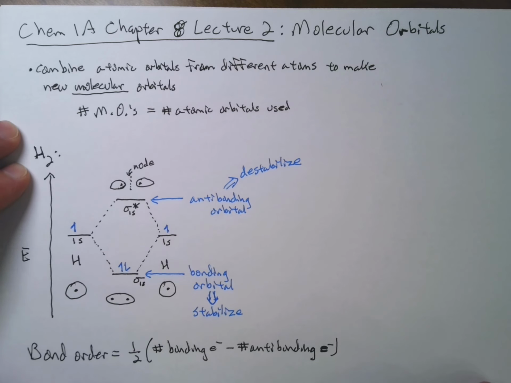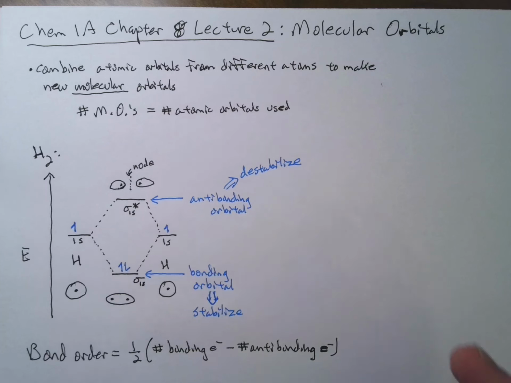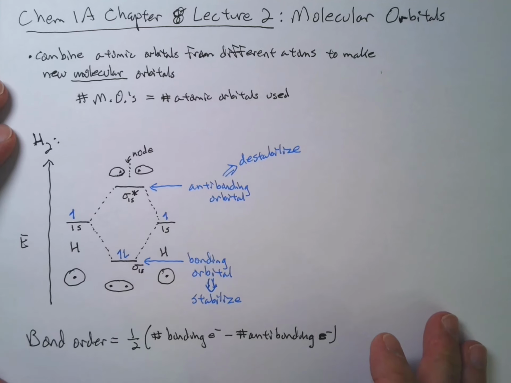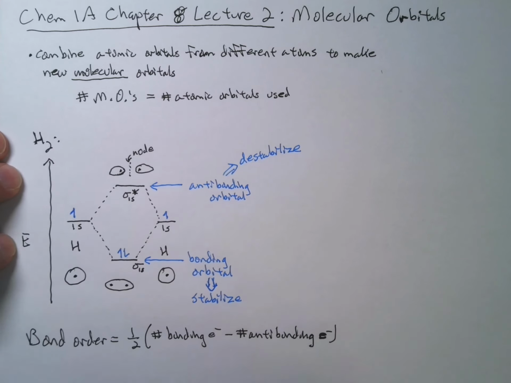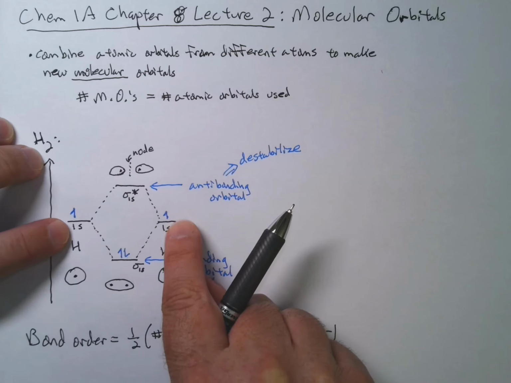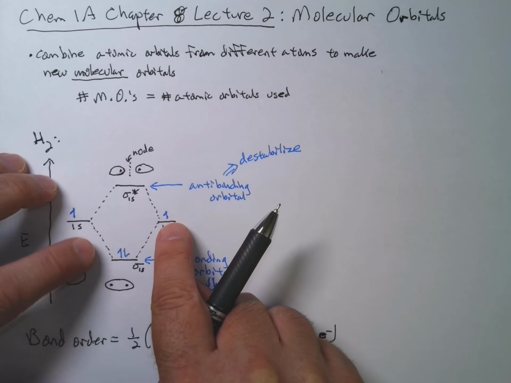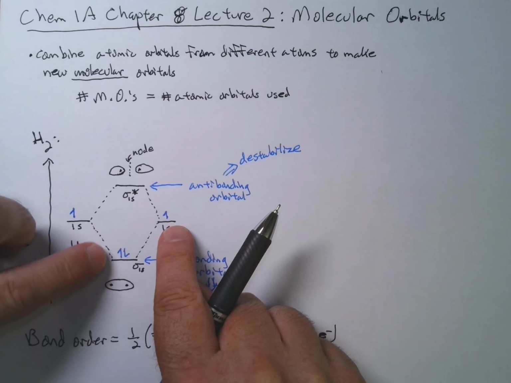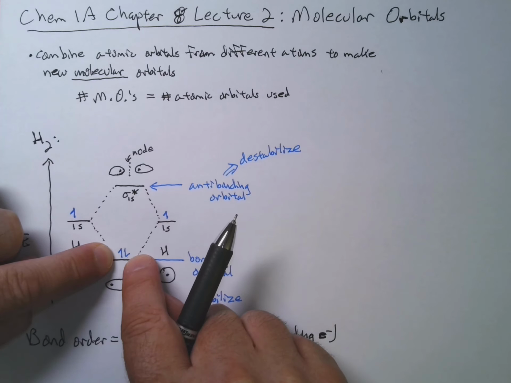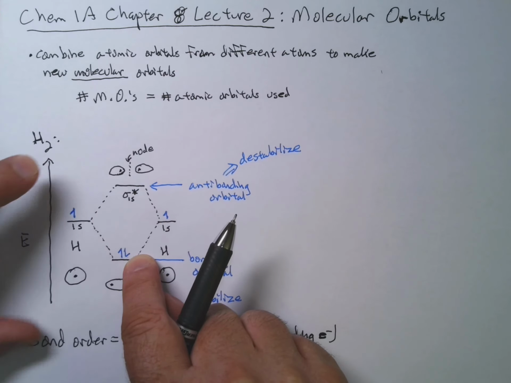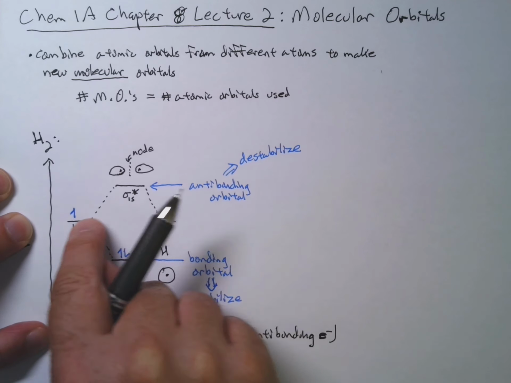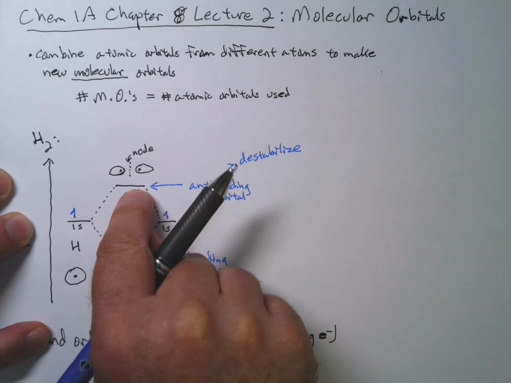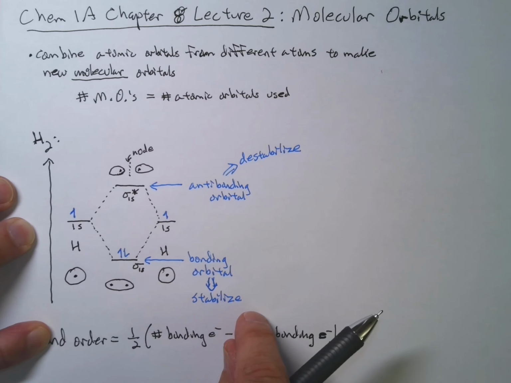Okay. Now we could do this for other molecules if we want to. So just to again review everything that we've got here, we've got our starting 1s orbitals for each hydrogen atom. We combine them to make two new orbitals. One is lower in energy, more stable than the original. One is higher in energy. And then we take our total number of electrons and start filling from the bottom up, filling up our molecular orbitals.